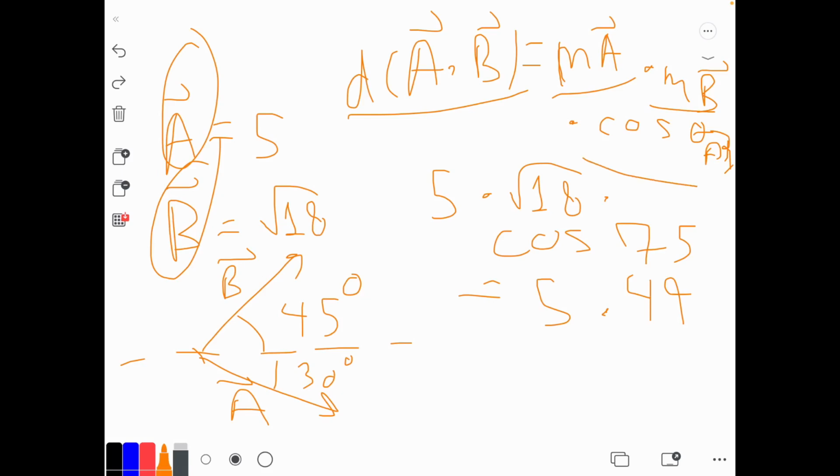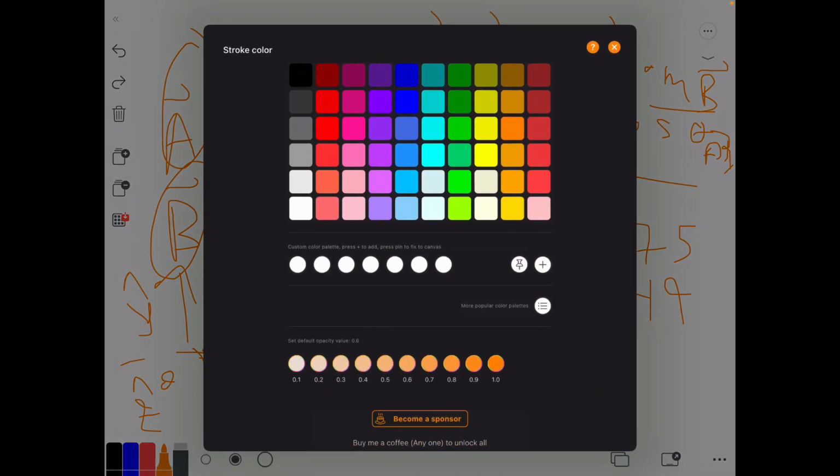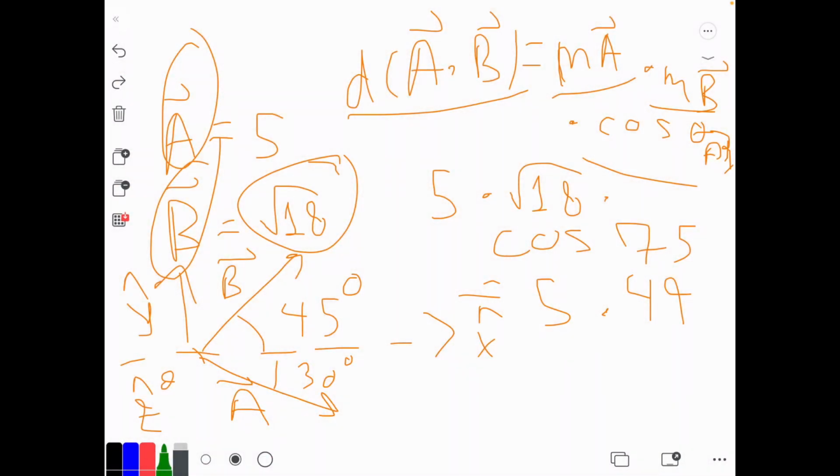Vector B had 3 x hats and 3 y hats, so that gives us a z hat of 0 for both of them. We get a magnitude of square root of 18, because it looks like half of 90, so we're going to have a 45 degrees angle.